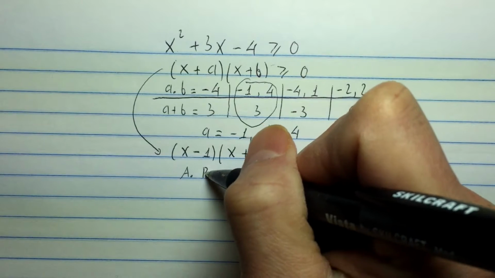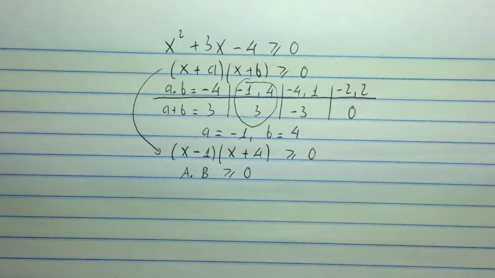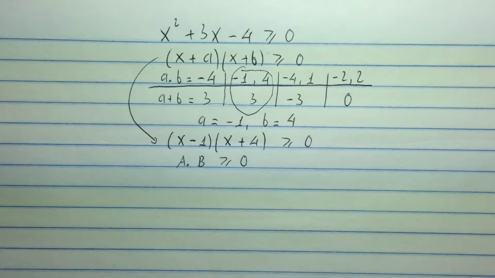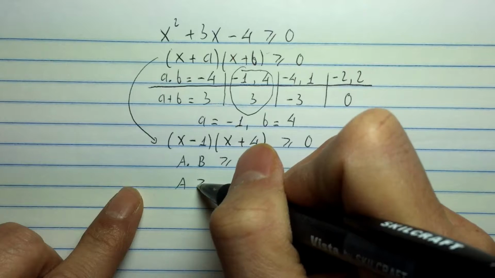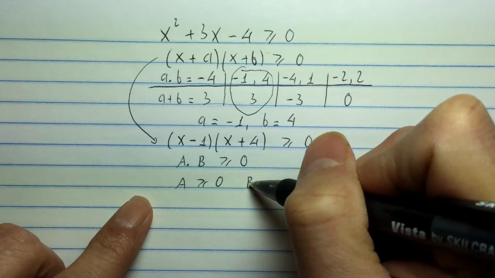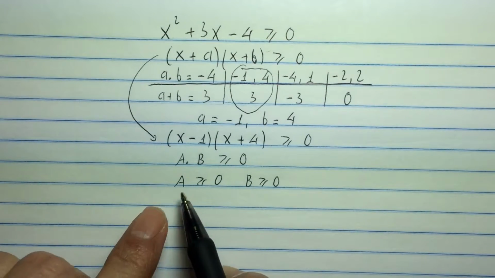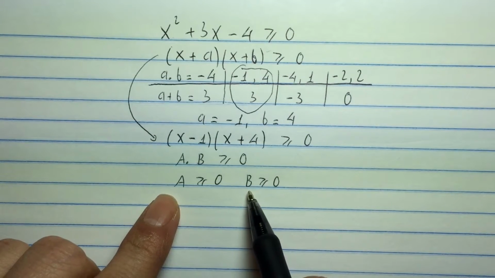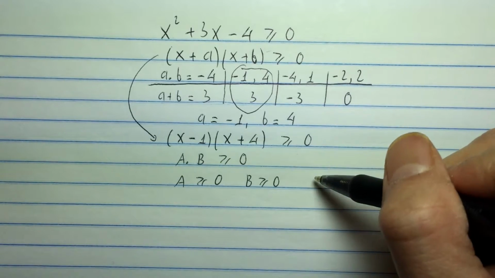We have a formula: a times b bigger than 0. So either a bigger than 0 and b bigger than or equal to 0. Example, a equals 5, b equals 5, so 5 times 5 equals 25, bigger than 0.